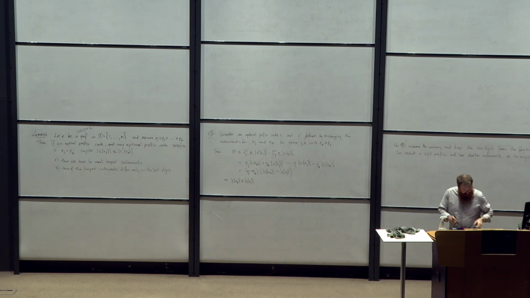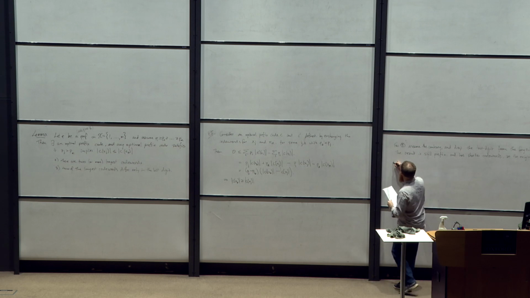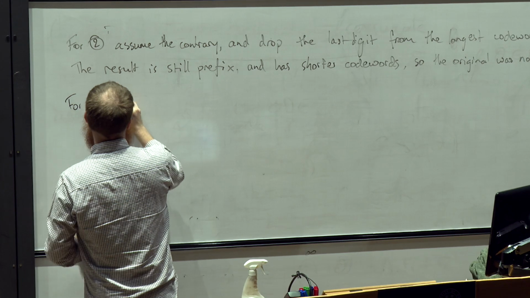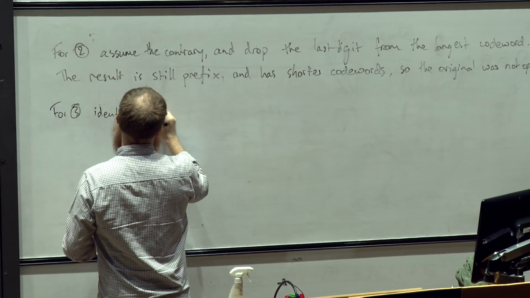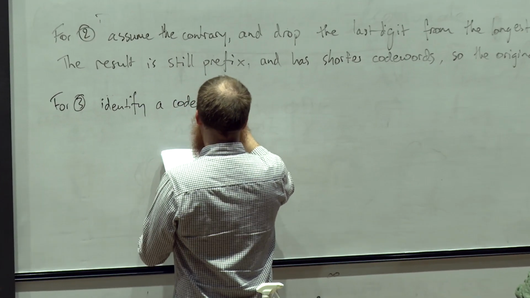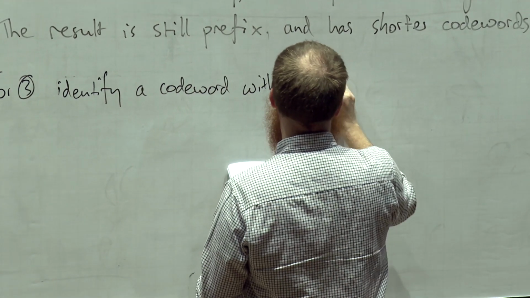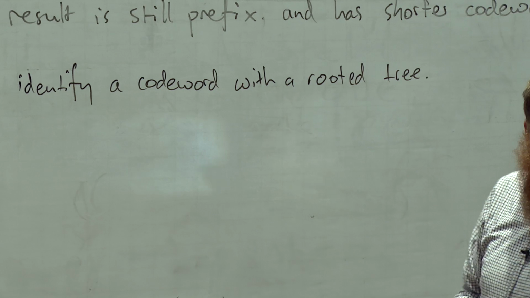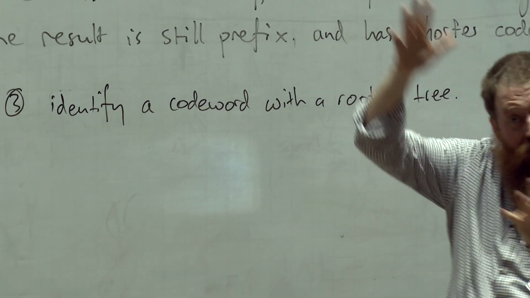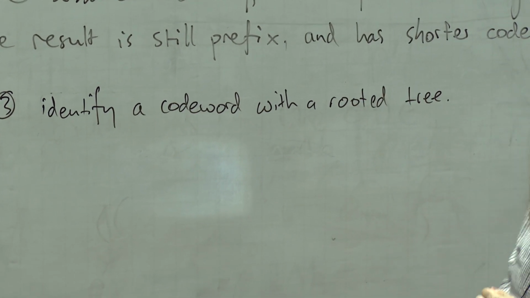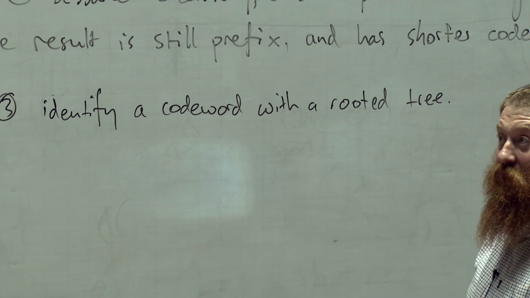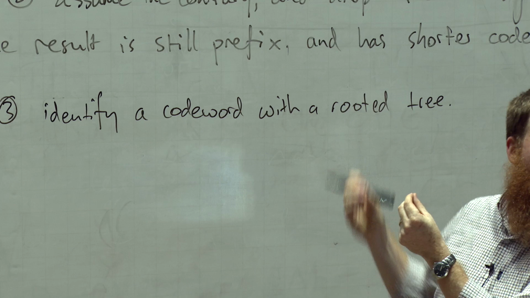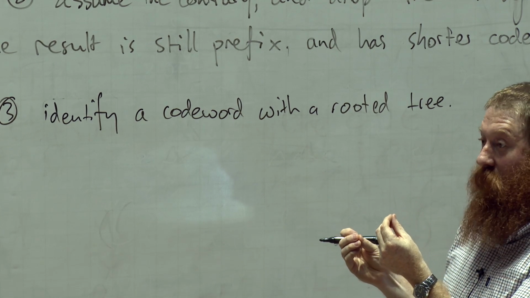Okay, so now point 3. So for 3, identify a code word with a rooted tree. We've already seen how to do this, so you write out your code word as a tree, and then we notice as there's no longest code word, that last code word, a longest code word, has something that's in the same branch as it.